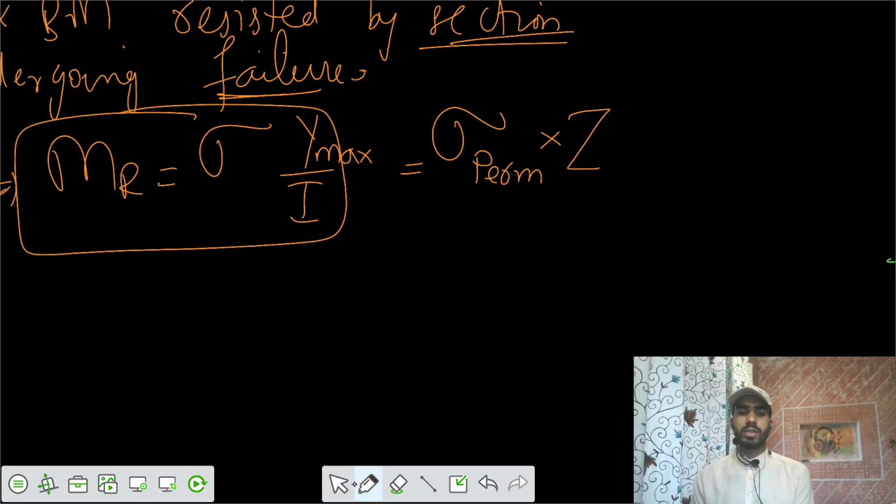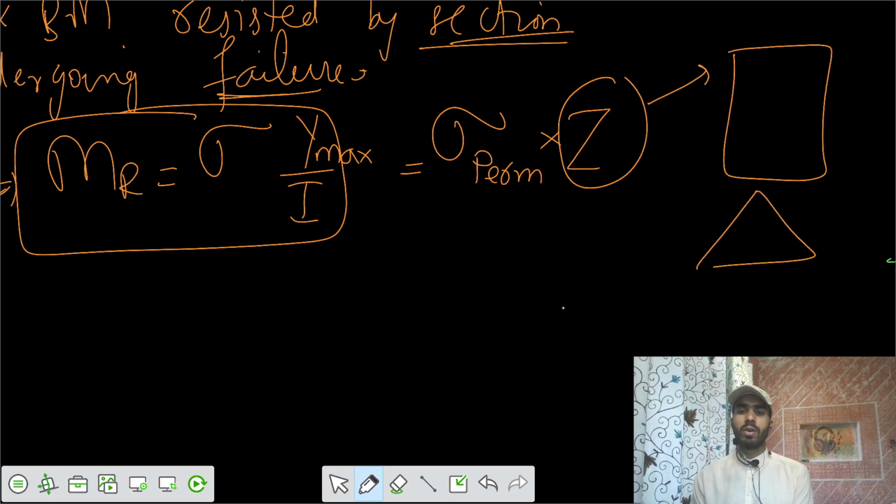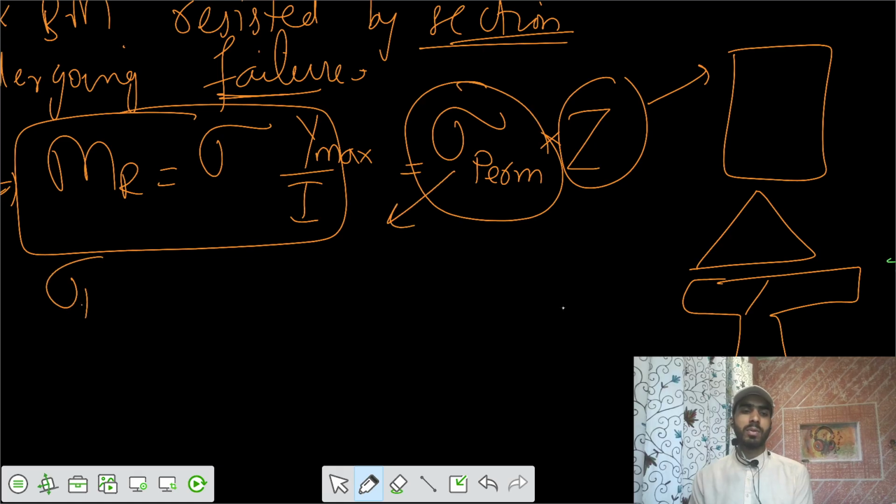Z is a function of the section, so whichever section you have, the section modulus changes accordingly. For the material, the permissible stress is constant.